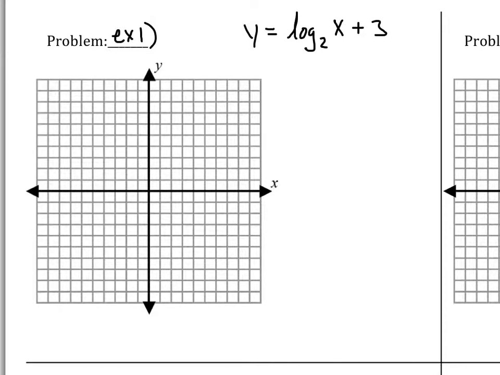Log base 2 of x plus 3. What do you think that shift is going to be? That is going to be up 3. Very, very good. This shift is saying that we're going up 3.